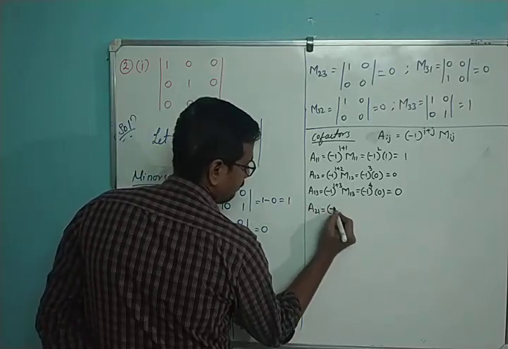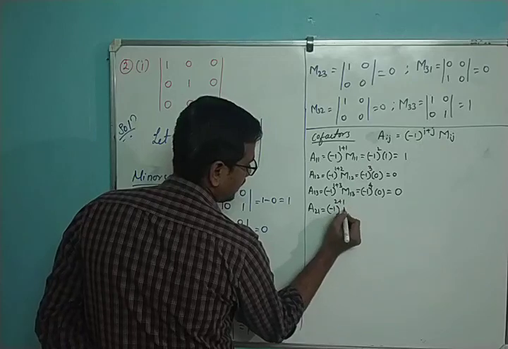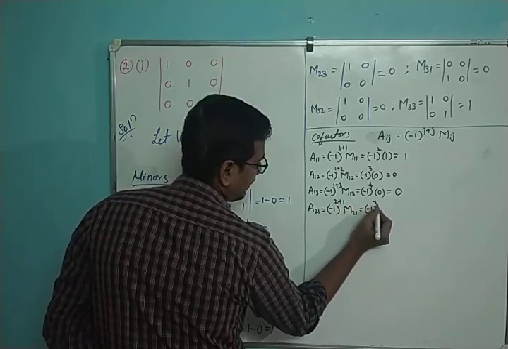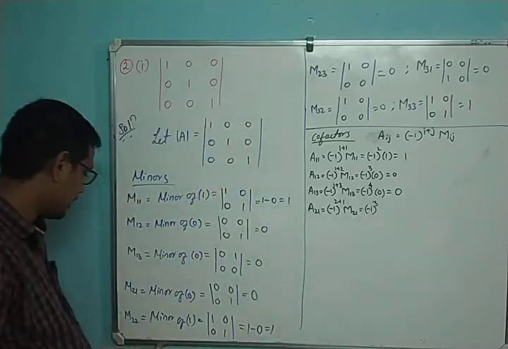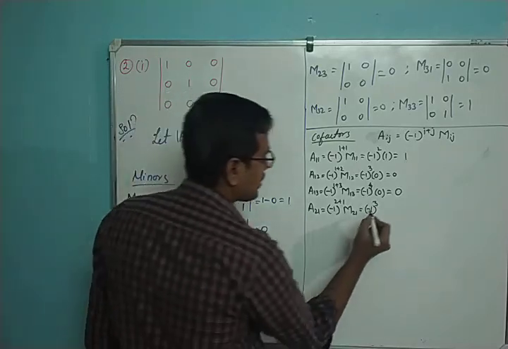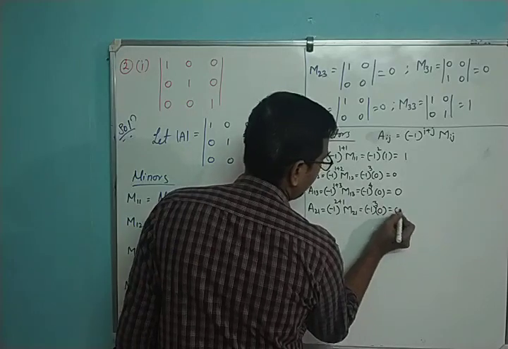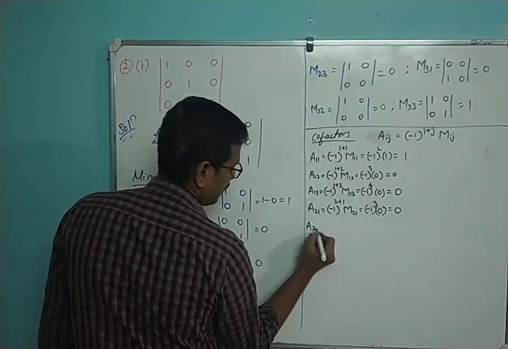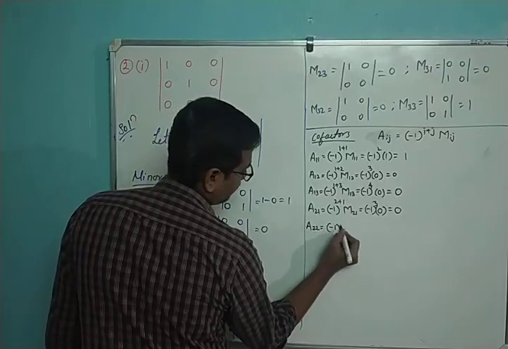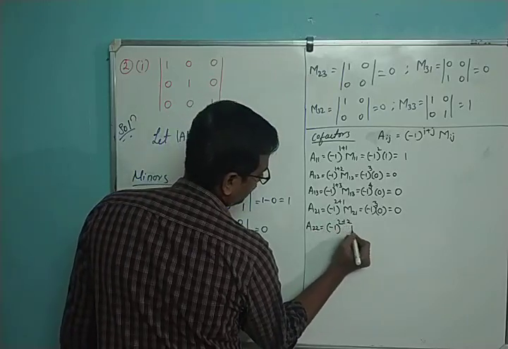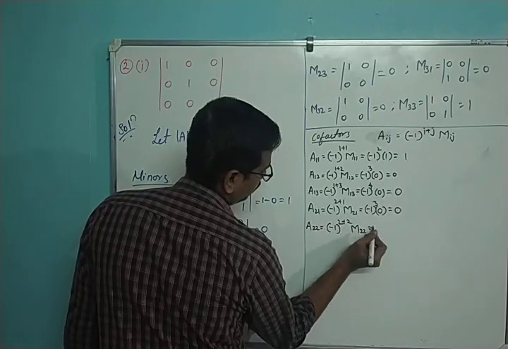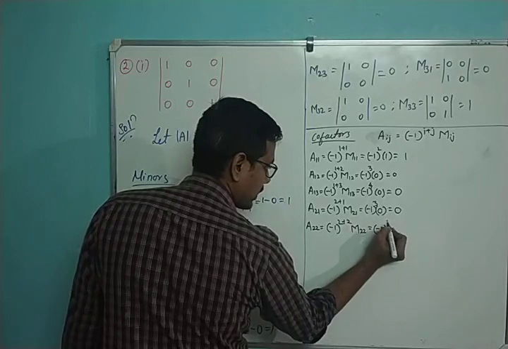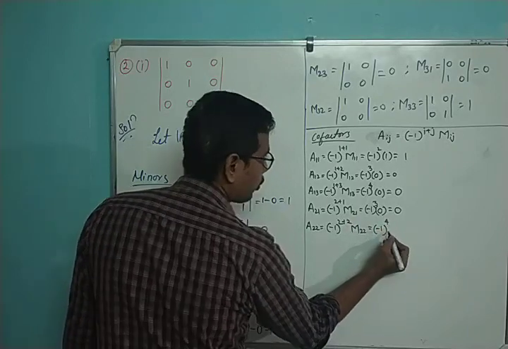A21 will be minus 1 to the power 2 plus 1 into M21. So minus 1 to the power 3 into M21. M21 is once again 0. So it will be equal to 0. A22 is minus 1 to the power 2 plus 2 into M22. So it's nothing but minus 1 to the power 4 into M22.